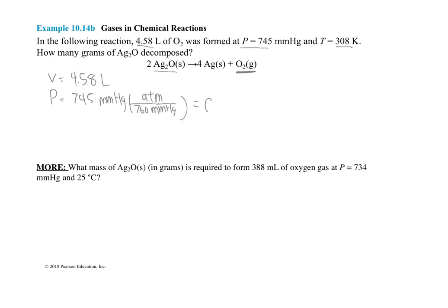That equals 0.980 ATM. And I have a temperature. It's 308 Kelvin. So I can find moles. So PV equals nRT. Let's find how many moles of oxygen there are. So I'm going to divide by RT. So pressure, 0.980 atmospheres.